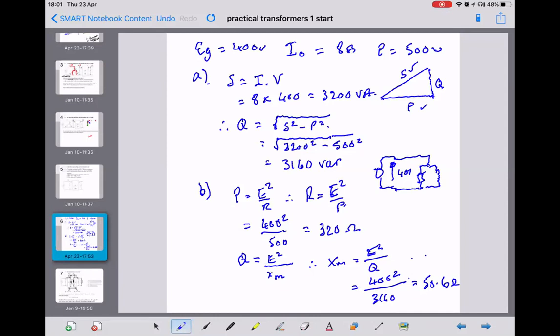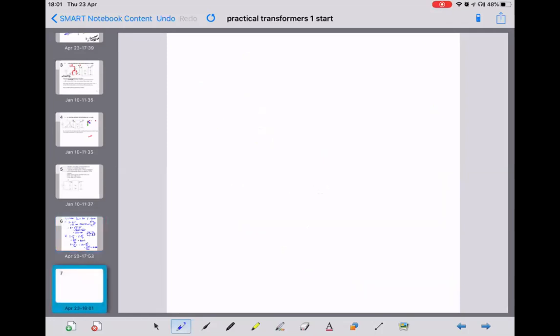Okay, now we want I_R. So this is part C. How can we find that? Now you have the resistance of the resistor and the reactance of the reactor, so you could do E over R_M.